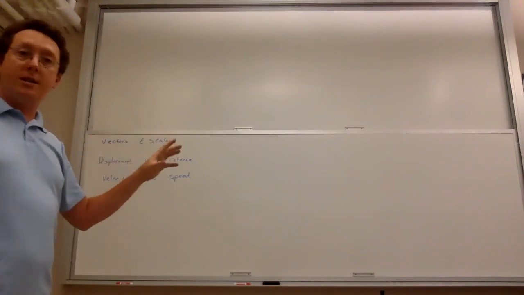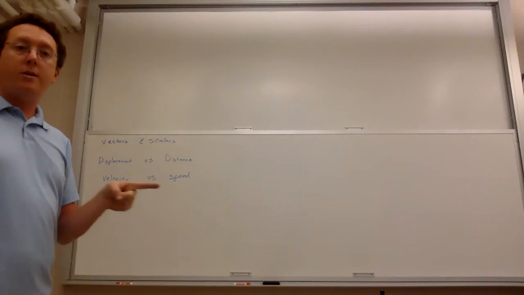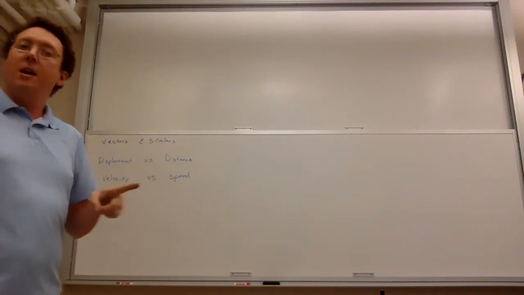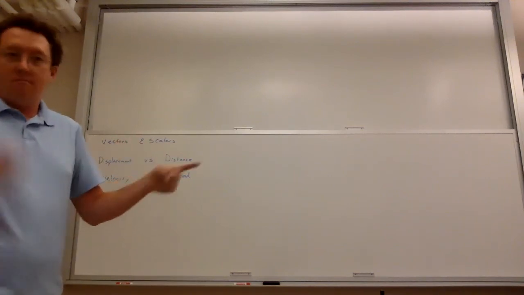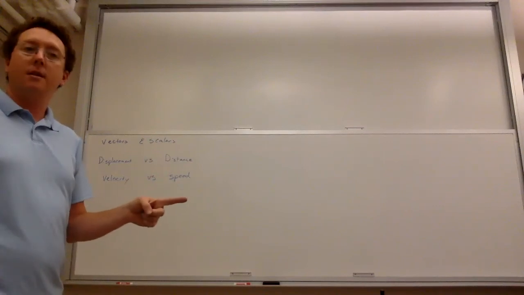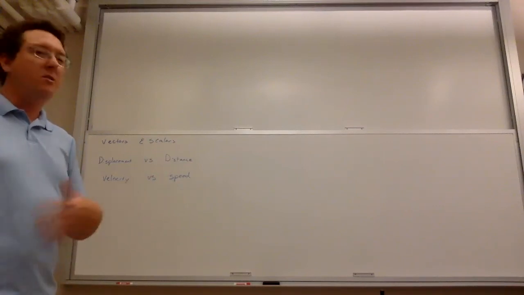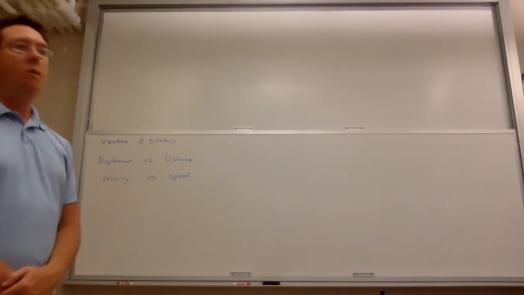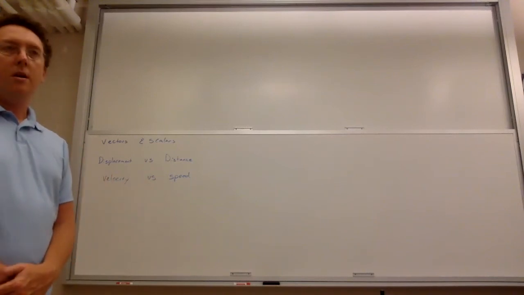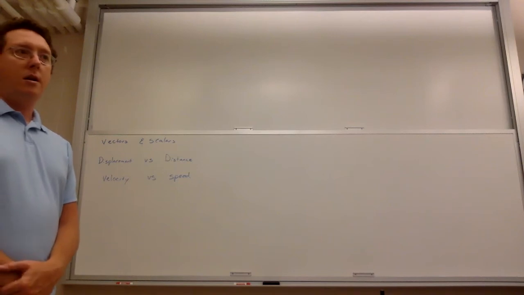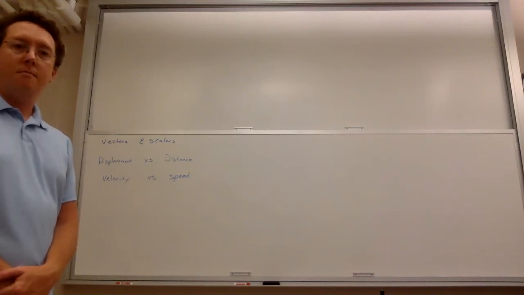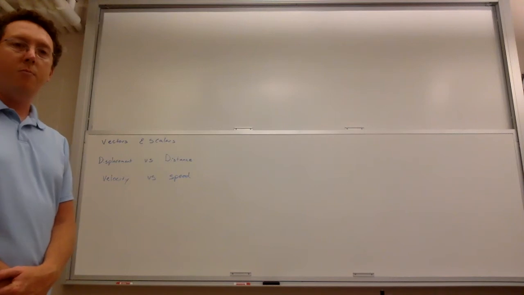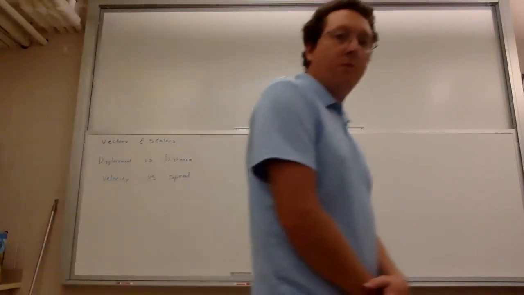Vectors are quantities which know about not only the size, but which direction in the world you're traveling. Whereas scalars don't know about the orientation in the world. So, for example, my displacement is different if I move to the right or to the left.